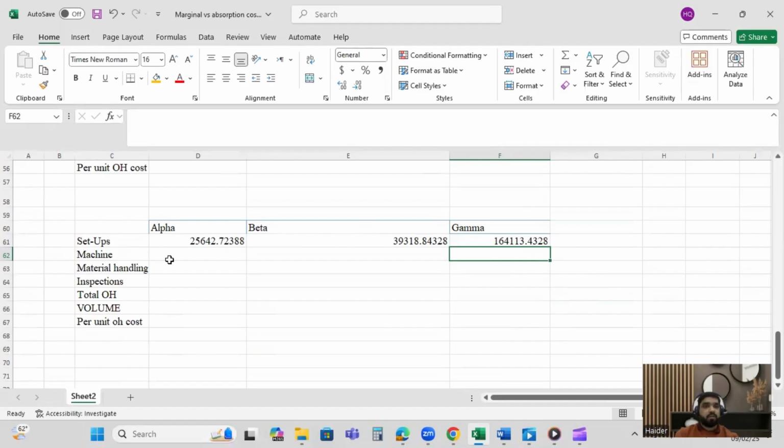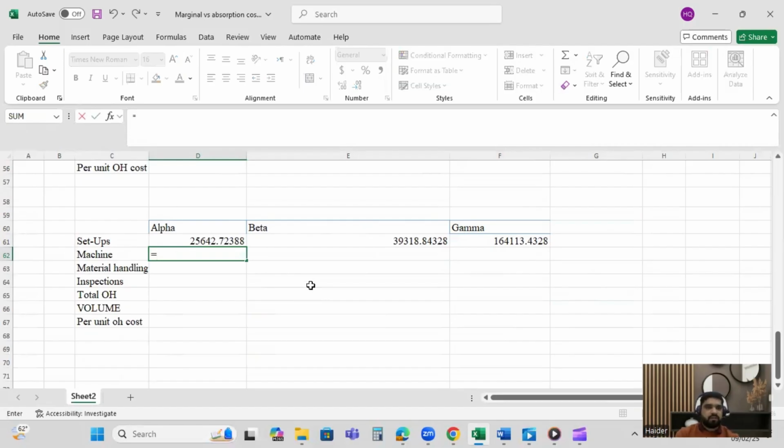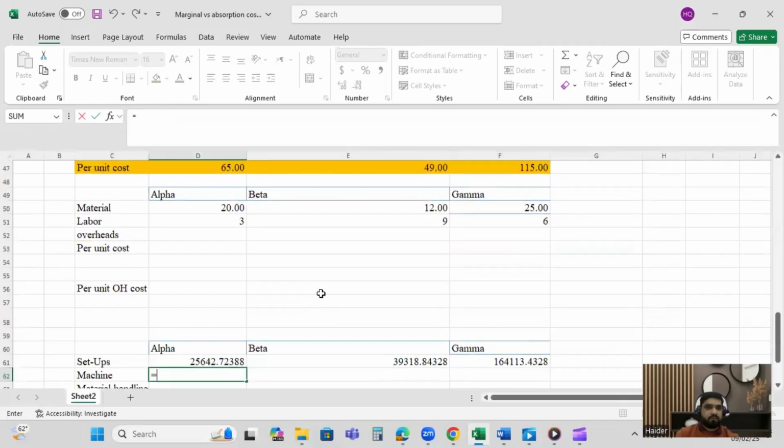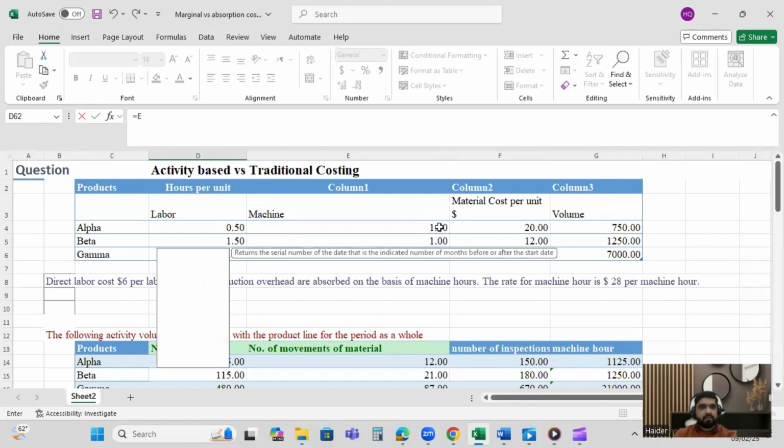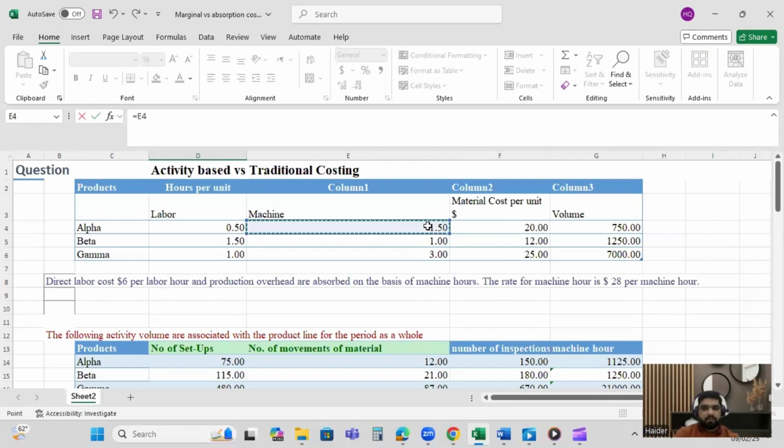Now I'm going to go with the number of machine hours. The cost per machine hour is separately calculated. For product alpha, how many machine hours are used? Just look at this. 1.5 machine hours times how many alpha products are made? 750.